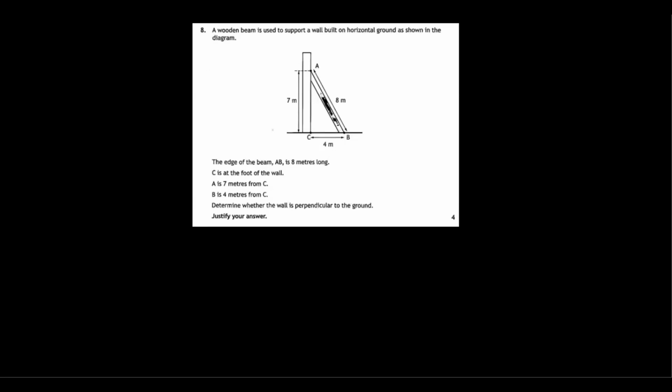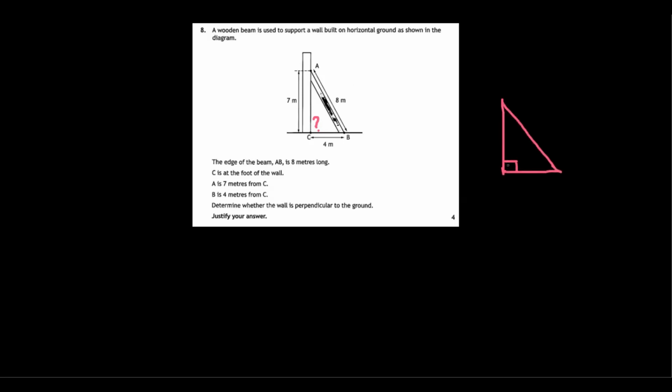So this is just an application of the converse of Pythagoras. So we don't know if this is a right angle at this point, and that's what we're asked to determine. So in order to find out if this is a right angle, we would just apply Pythagoras's theorem.